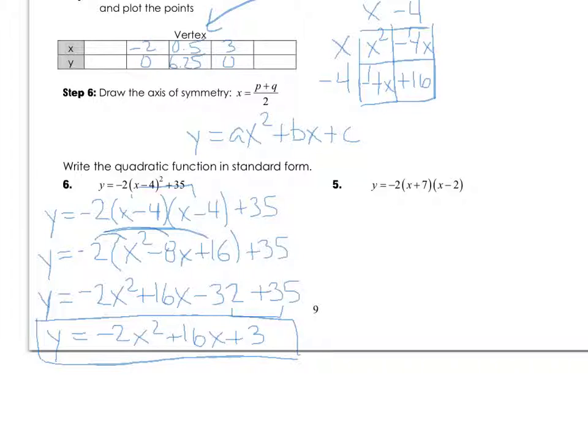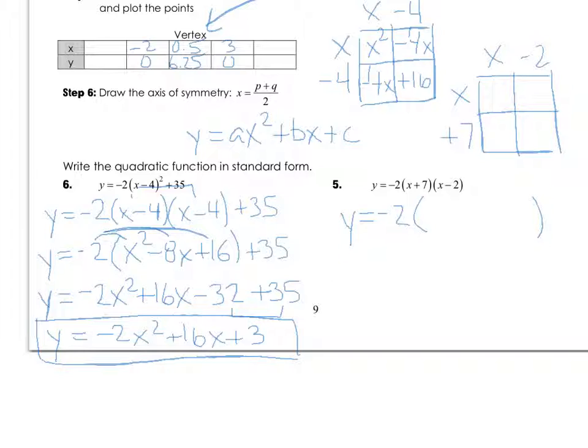Let's take a look at number 5. Again, the first thing we ought to do is multiply those two binomials together. I'm going to go off to the side and make a 2 by 2 box because I'm multiplying two things together: x plus 7 times x minus 2.